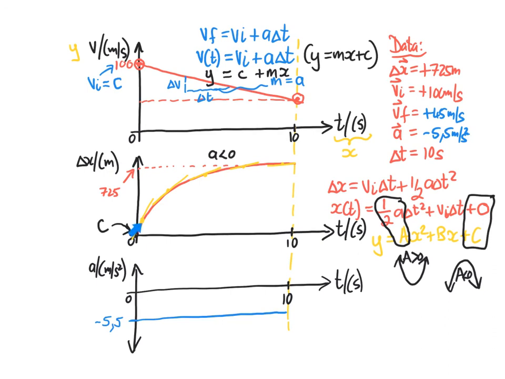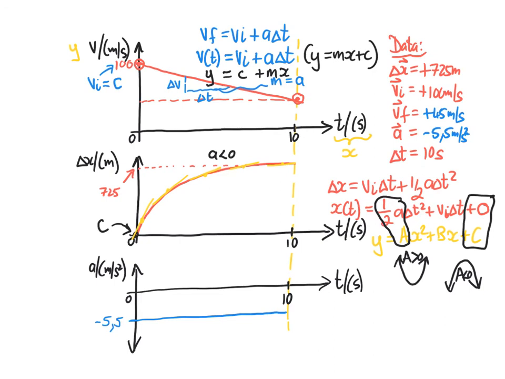So the gradient of this graph, changing position over changing time, gives us the velocity. It has a high positive value, but as the graph starts to flatten out, the gradient becomes less positive. And this is critically important, especially when we start having to draw sketch graphs in more complex situations.